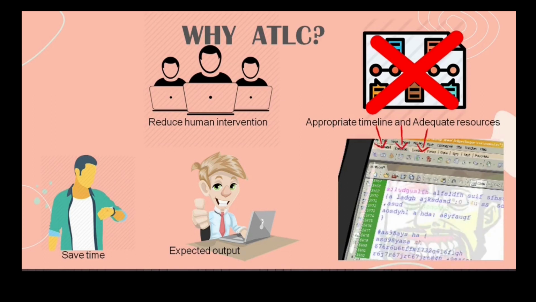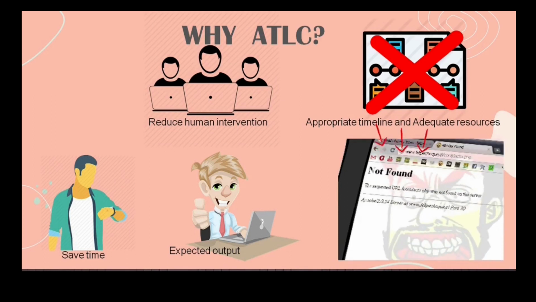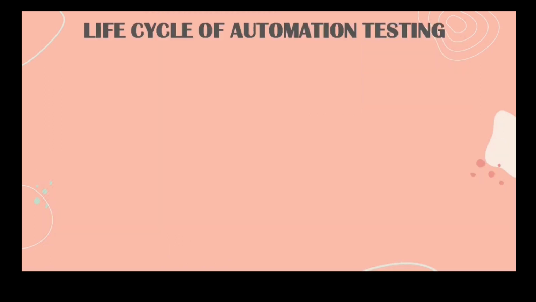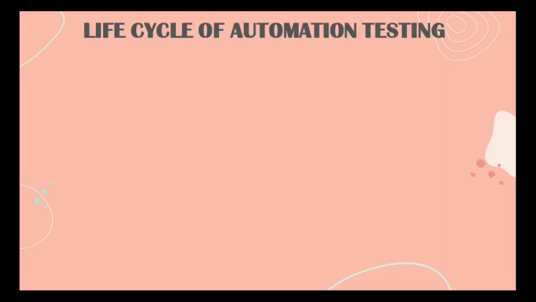Okay, so that is the reason why we are studying the automation testing life cycle. Now here I'll be telling you the entire life cycle of automation testing. I'll also explain which test cases are to be automated and which test cases we have to perform manual testing. See, manual testing is always done first and then automation testing is done. But the question is which test cases should we perform automation testing on?